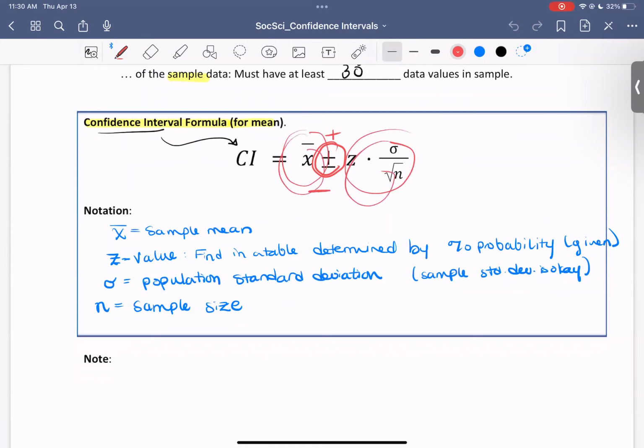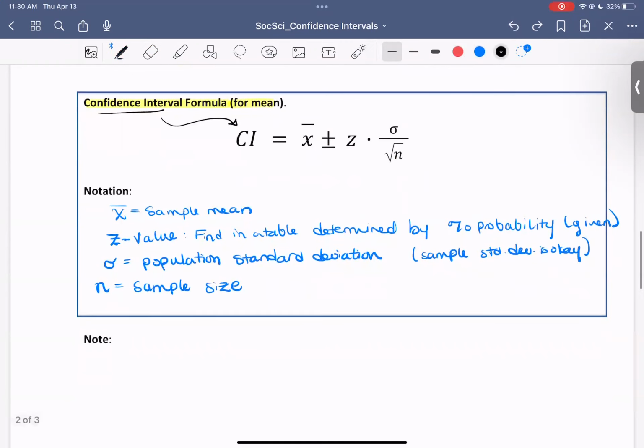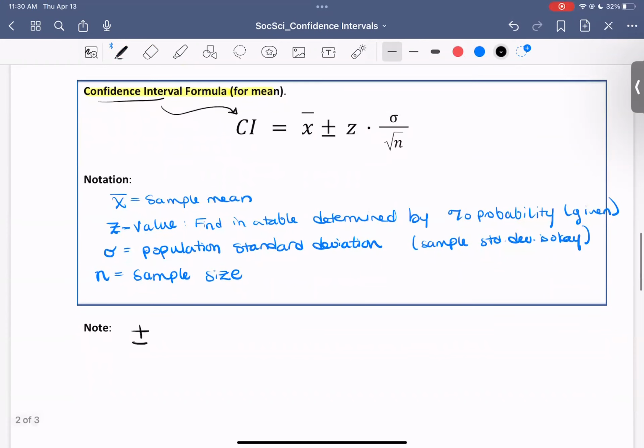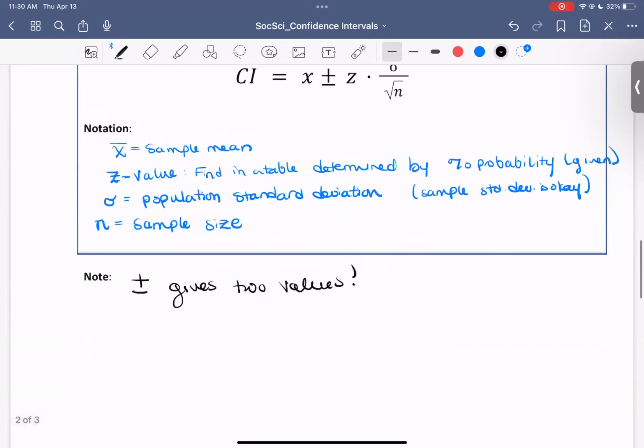So you're going to get two values when you do that computation. I want to make a note of that because that point is very important, and many of us may not have seen this plus or minus symbol before. Plus or minus gives two values, a larger and a smaller value.